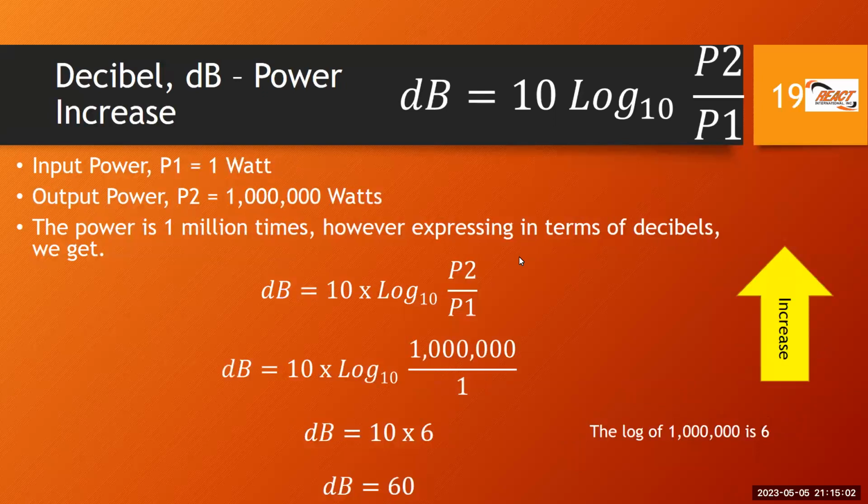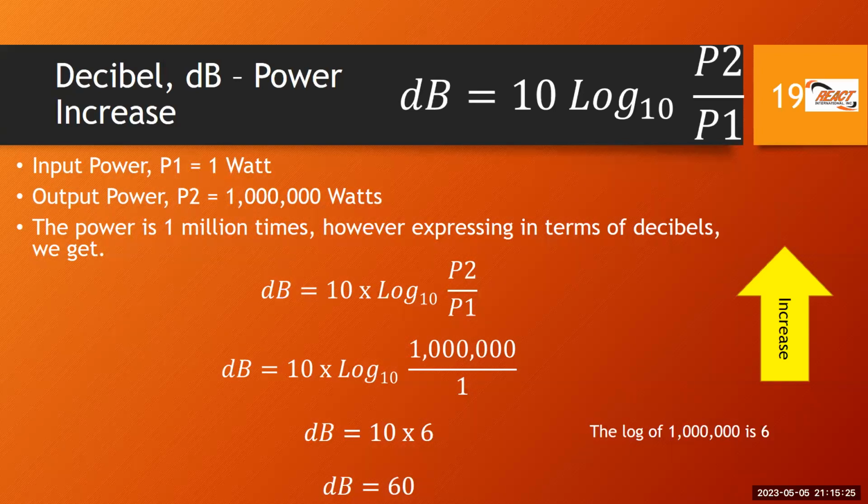All right, so we are spending a bit of time here. Let's look at another example. Remember we said that we use decibels to compare large numbers using small numbers, or ratios using small numbers. Well, look at this here. Imagine we had an input power into an amplifier of 1 watt and the output power of that amplifier is 1 million watts. That's a million times.